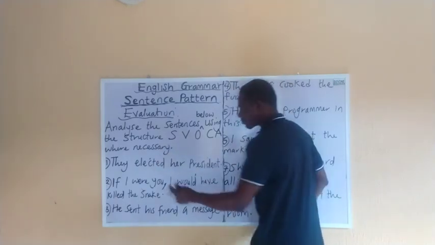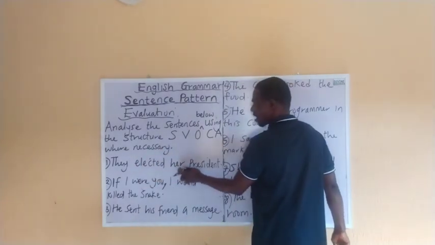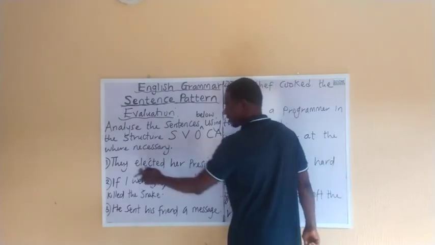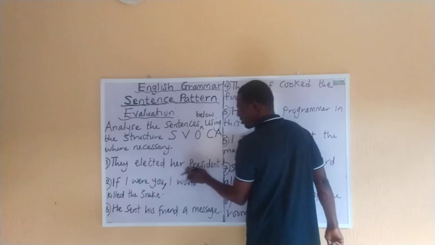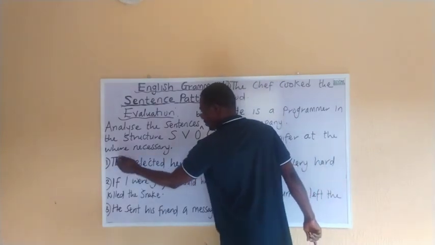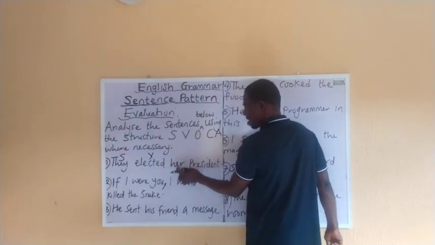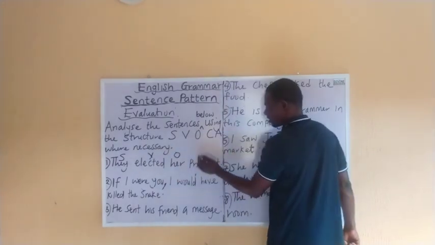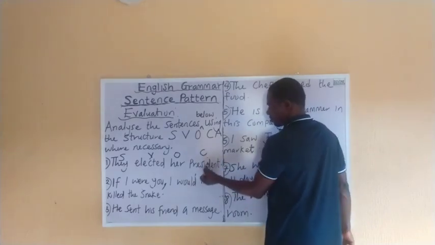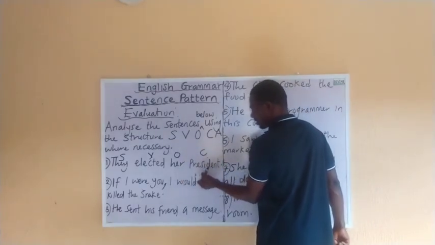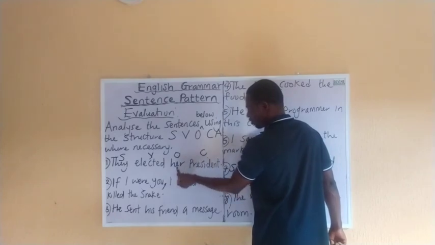Number 1, they elected her president. I take it again. They elected her president. They is the subject. Elected is the verb. Her, object. President, complement. President is having a relationship with her.